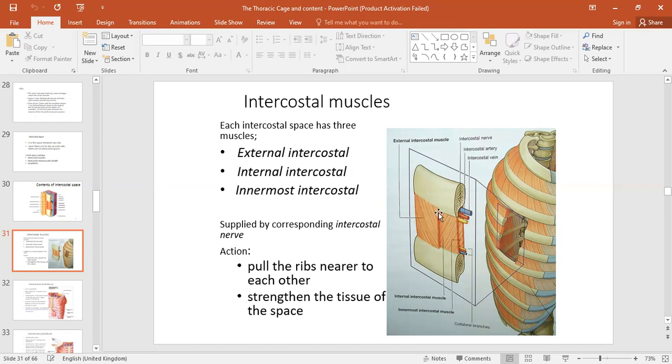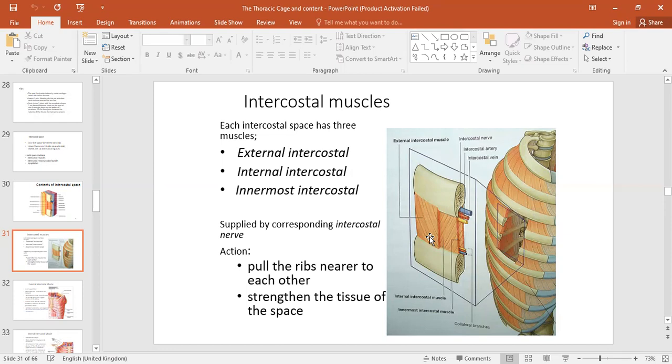These two muscles, external and internal intercostal muscles, occupy only the intercostal space here. Now we look at innermost intercostal muscle. Innermost intercostal muscle will cover at most two intercostal spaces. It will run from this space, cover that space, and also that space, about 1.5 intercostal spaces, unlike the other two that we have discussed already.